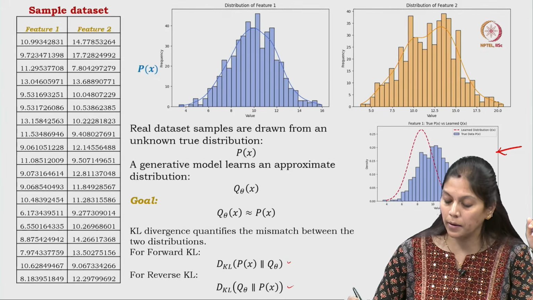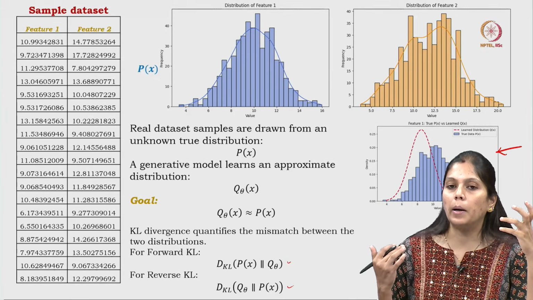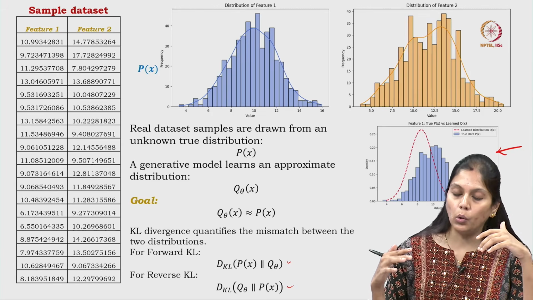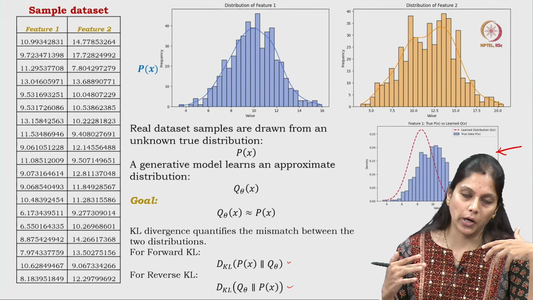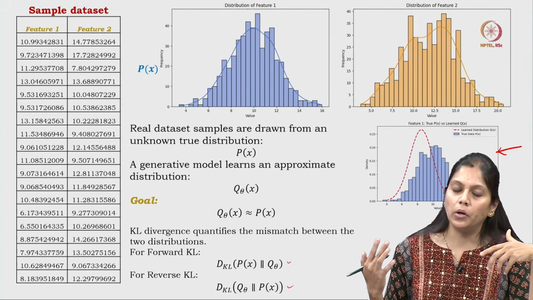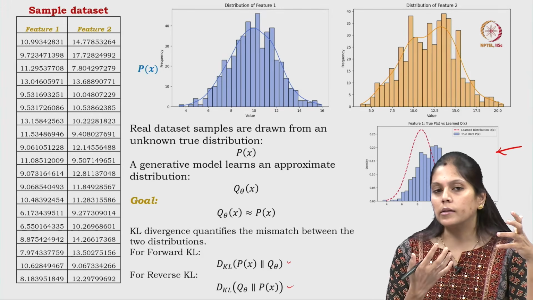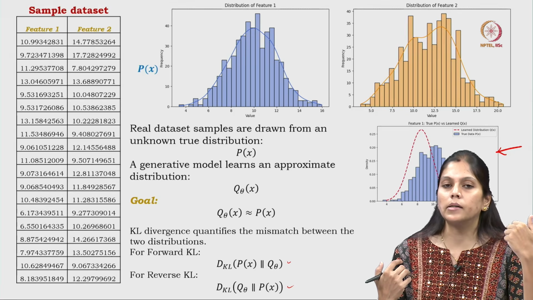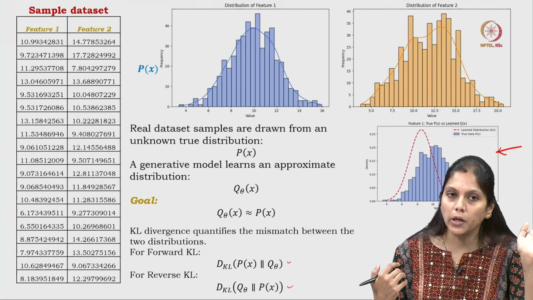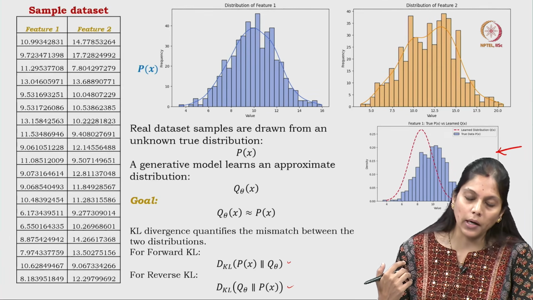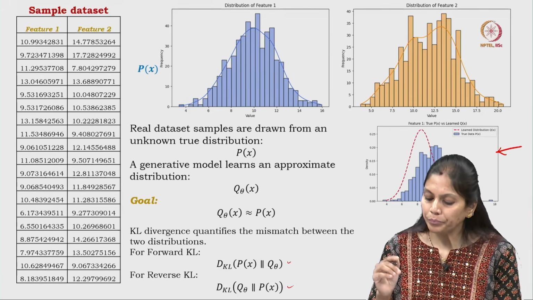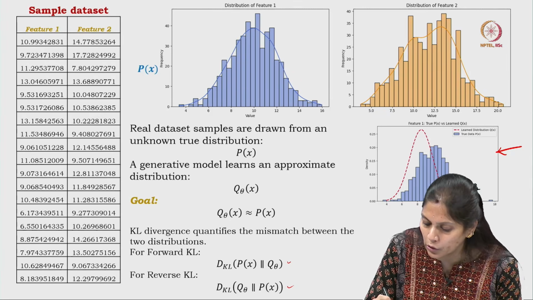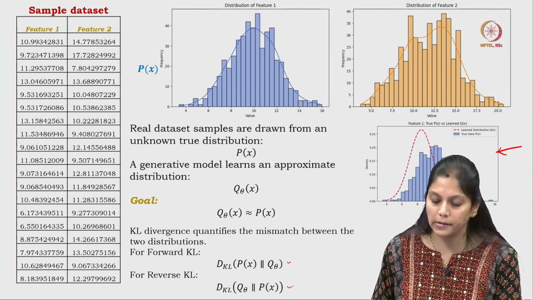How did the model learn? During the training process, it has seen some samples. From those samples, it has learned some distribution, and towards the end of the training, the model has learned some distribution Q of x. That learned distribution is denoted with dotted lines here.